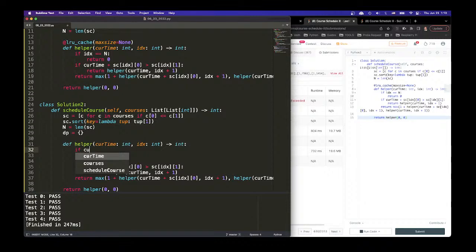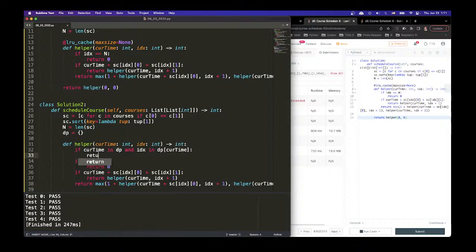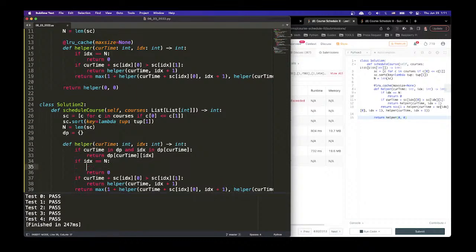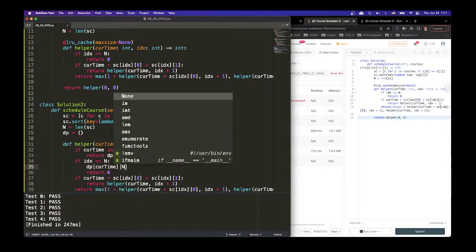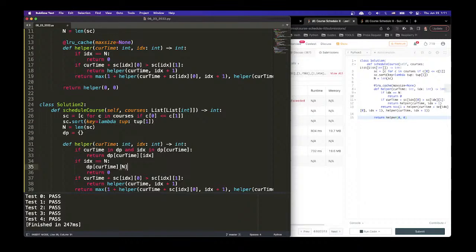Say if current time in dp and index in dp current time, return dp current time and index. And then dp current time, n equals 0.